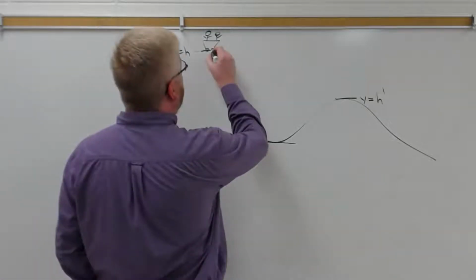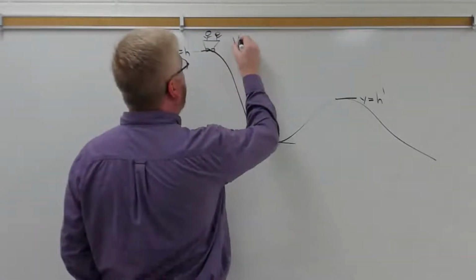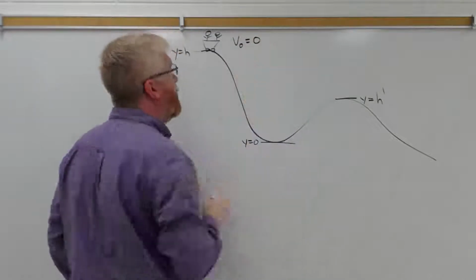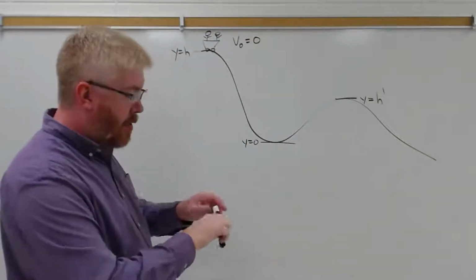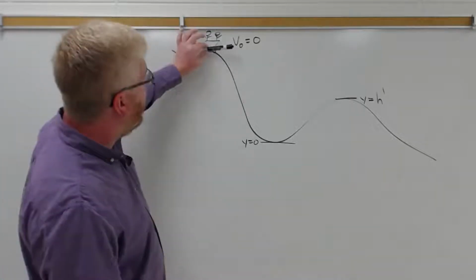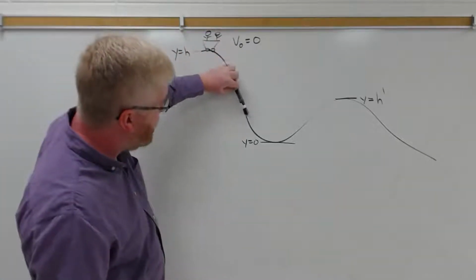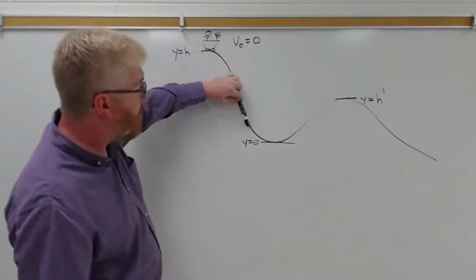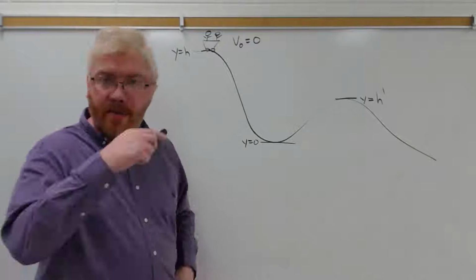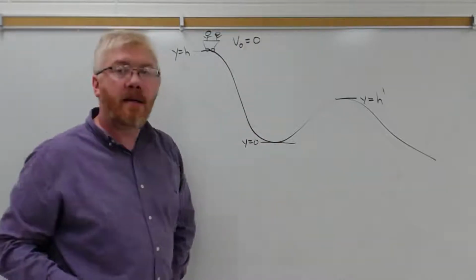Here the initial speed of the cart is 0, but as the cart descends, the angle of the velocity changes, as does the direction of motion of the object as it moves through that descending track.